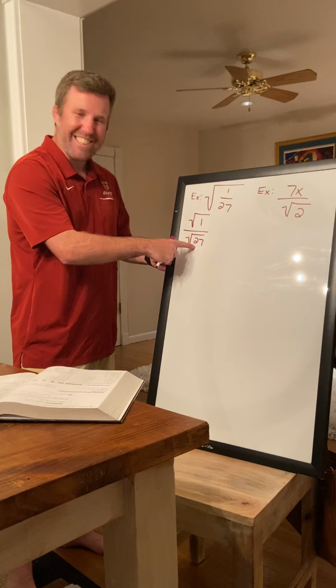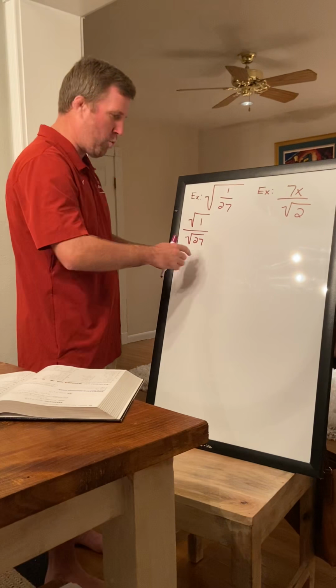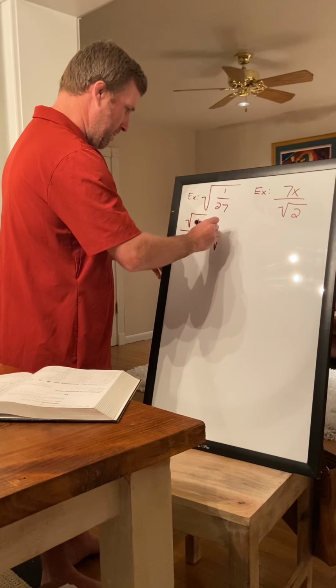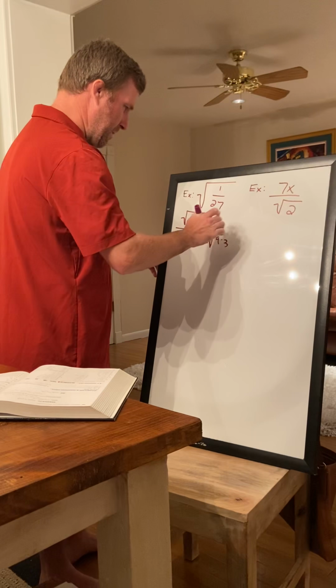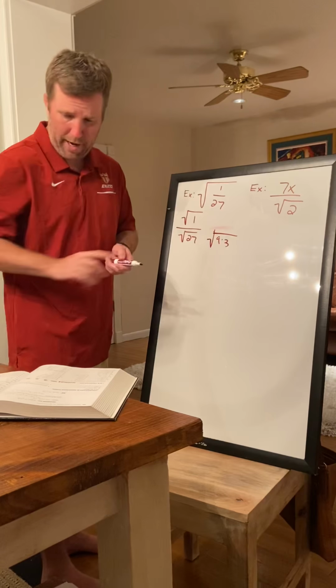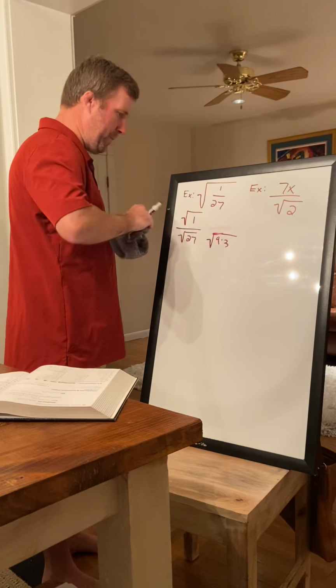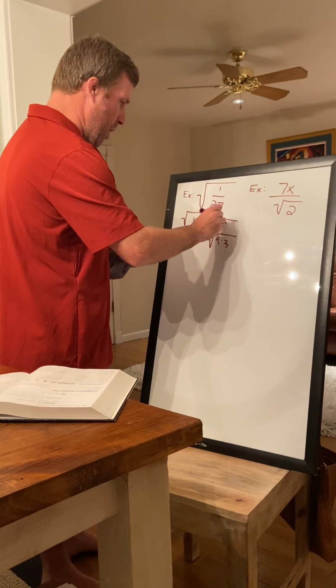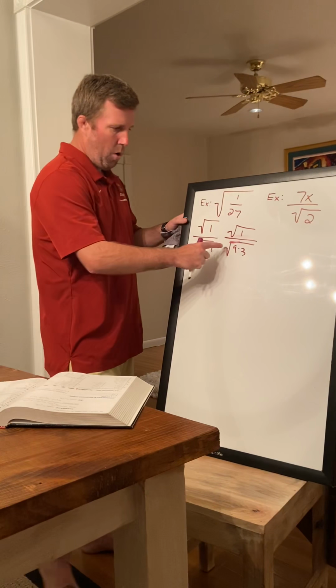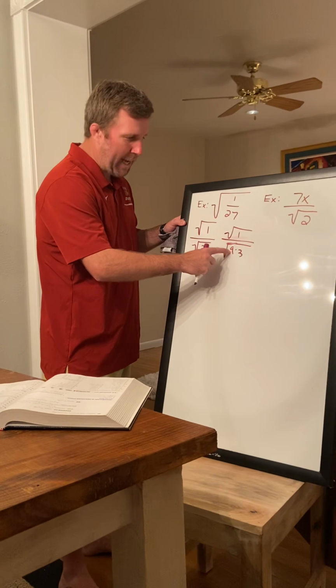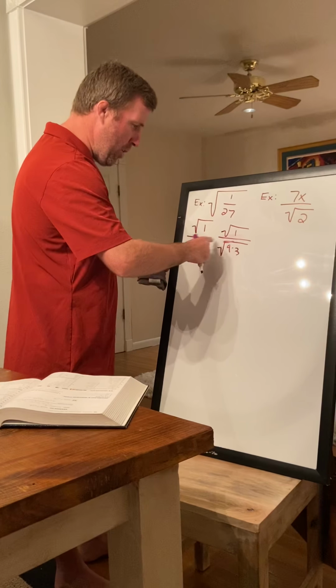Remember, I can break this down into 9 times 3. Okay, so I have the square root of 1 over the square root of 9 times 3. 9 is a perfect square, so we take the square root of 9, which is 3. We bring it out front.